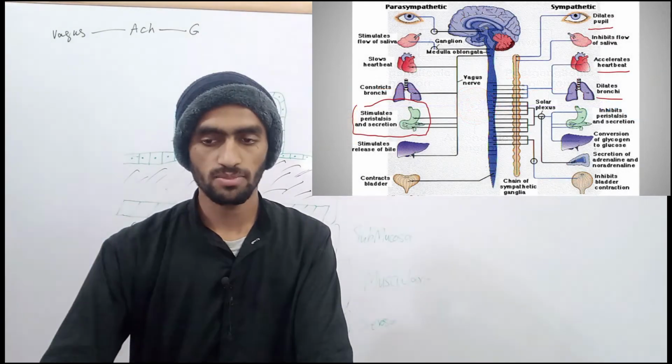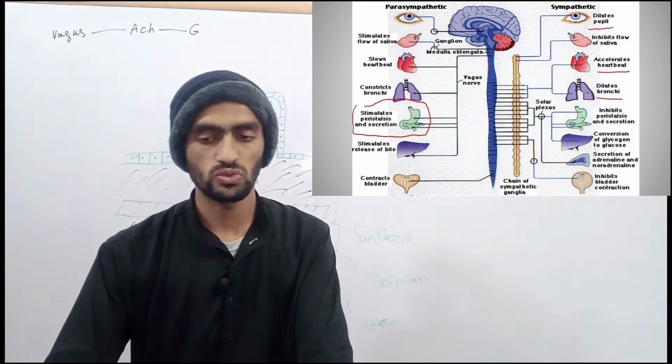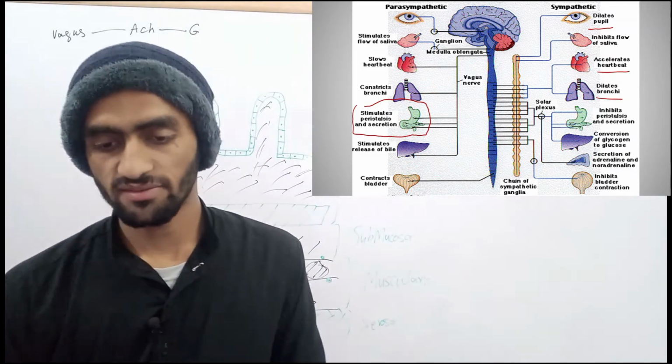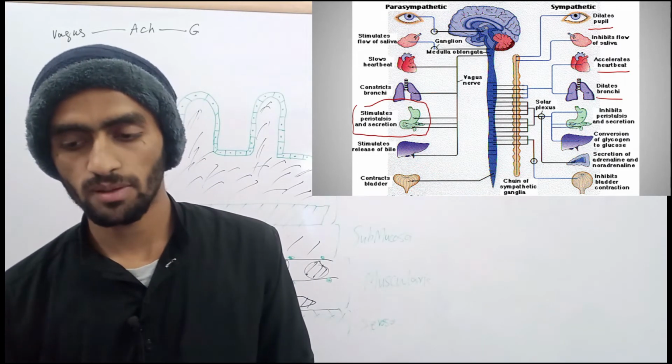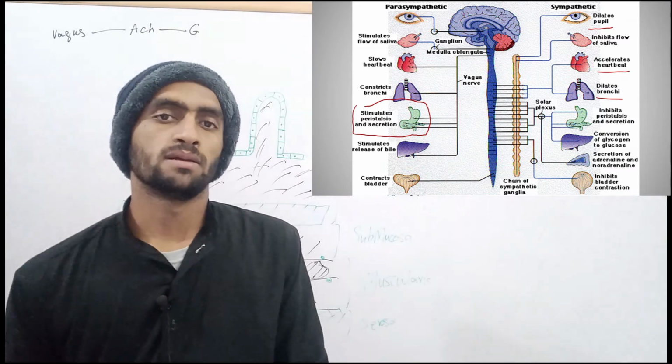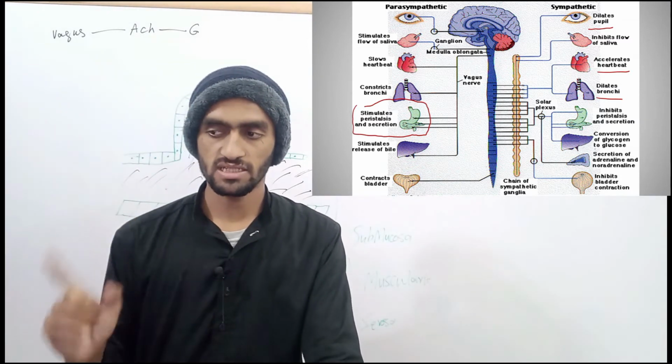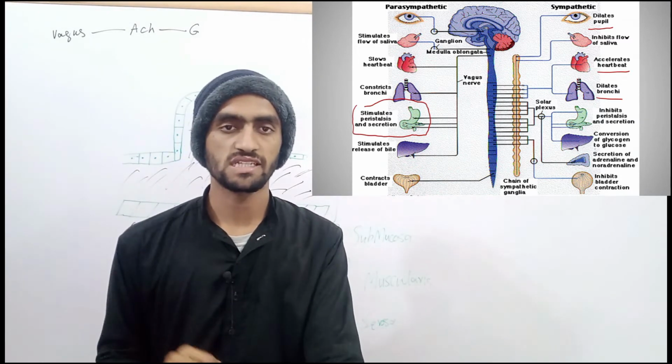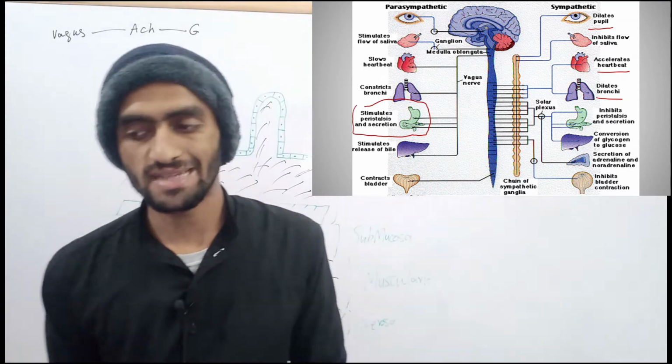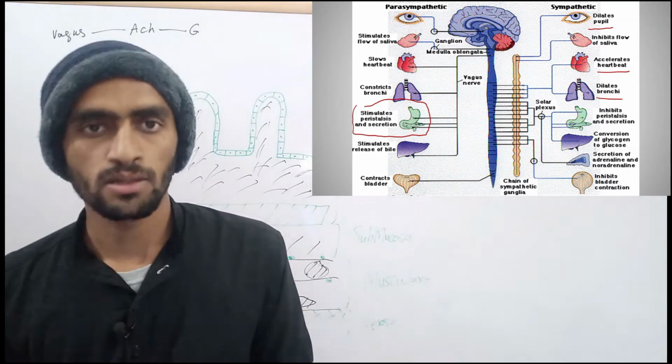So in parasympathetic and sympathetic, it's a differentiation table. You must remember that in sympathetic, in fight and flight, the only system which is inhibited is the GIT, the digestive system. Why?